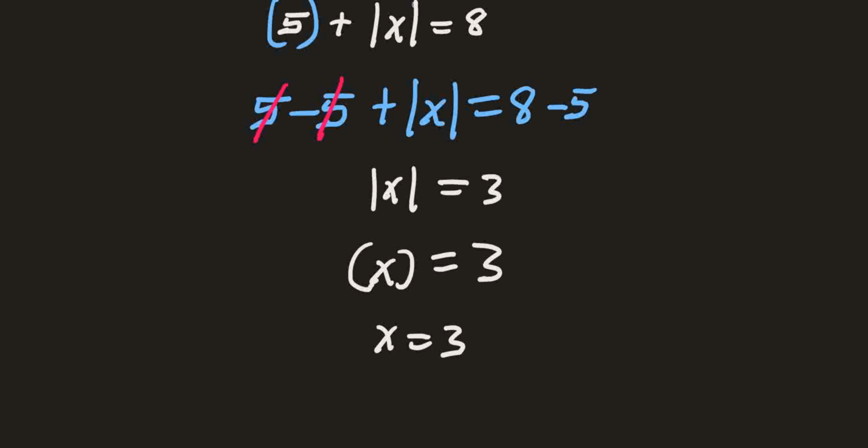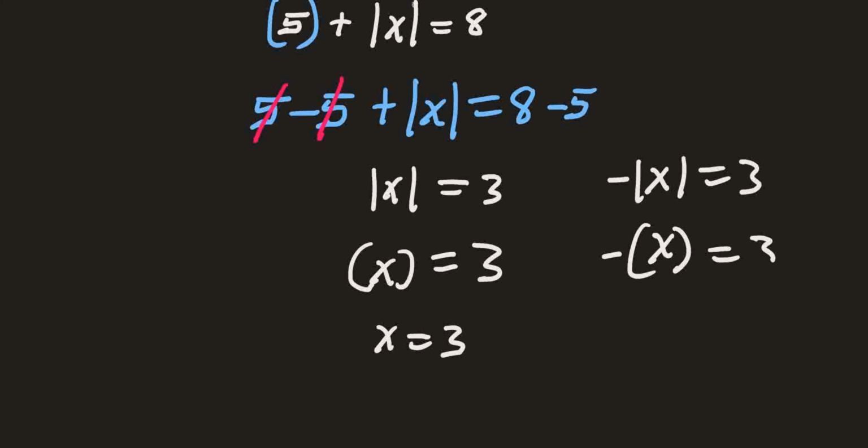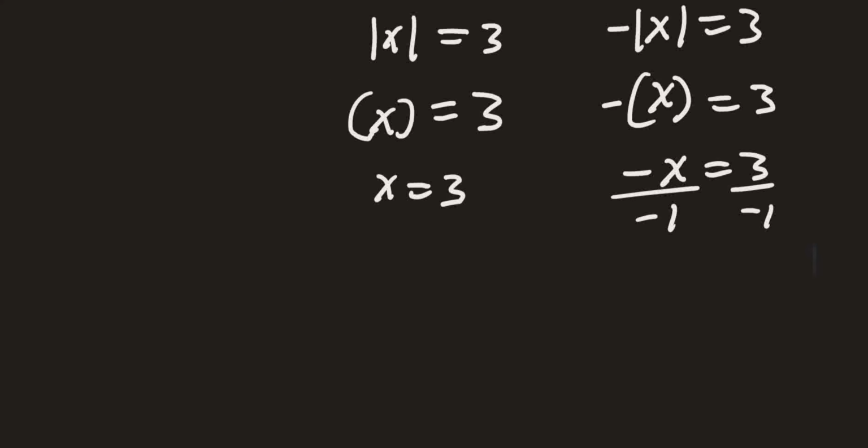On the other hand, the absolute value of x is equal to 3. And if you place that in a parenthesis, first you must place a negative sign here and a negative sign here and equate that to 3. So if you clear the parenthesis, then you're going to have negative x equals 3. Divide both sides by negative 1, and negative is going to cancel negative from here.